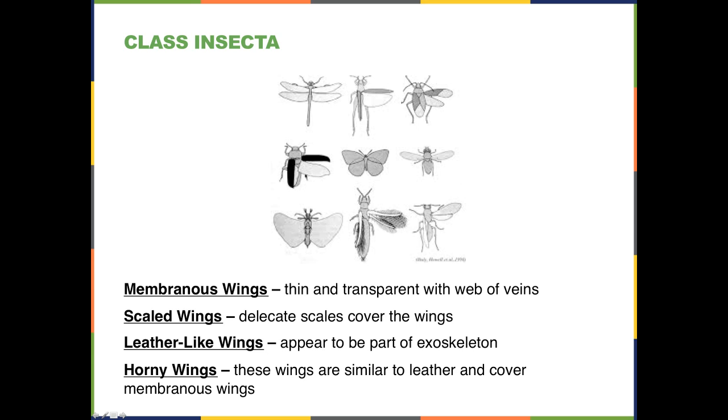This is the actual flying part, and this is the protection, as it were. And you will probably have seen that this is not a ladybug, but ladybugs are a perfect example of the horny wing, and underneath is the membranous wing that actually allows them to fly.